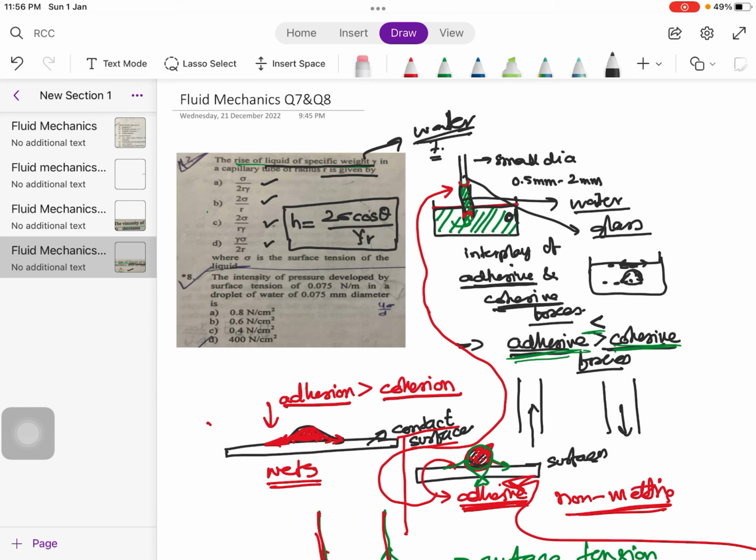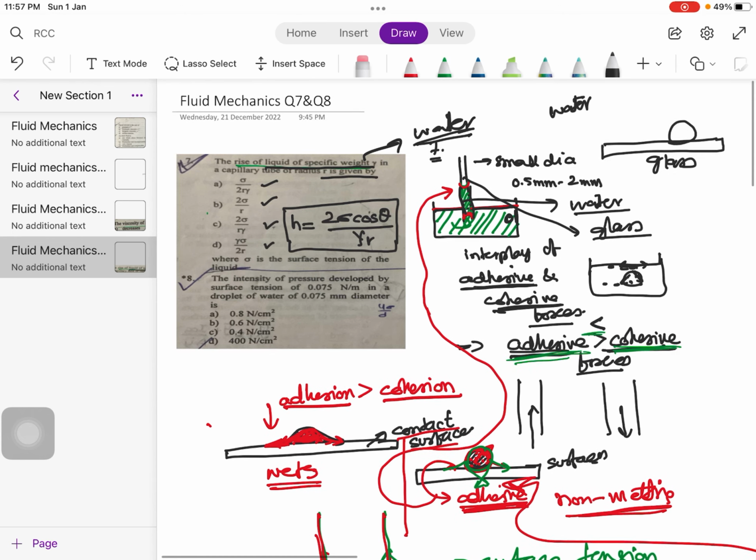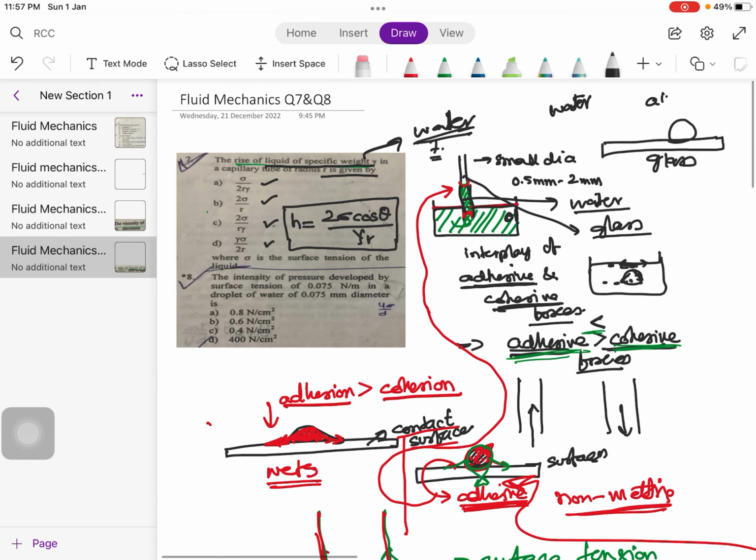Because when water is in contact with glass and the interface for both is air, the liquid completely flushes with the surface.